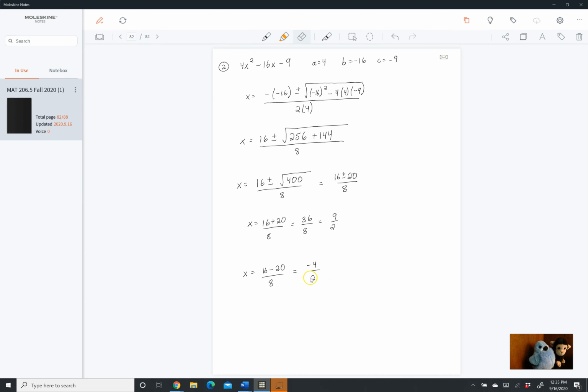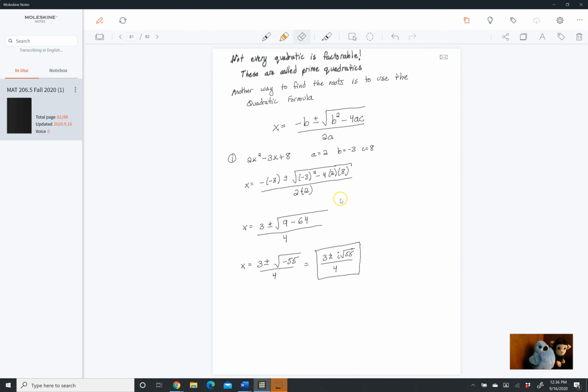That should be an 8. And when we reduce that, we get negative 1/2. So our roots are x equals 9 over 2 and x equals negative 1 over 2, which is exactly what we found earlier, okay?